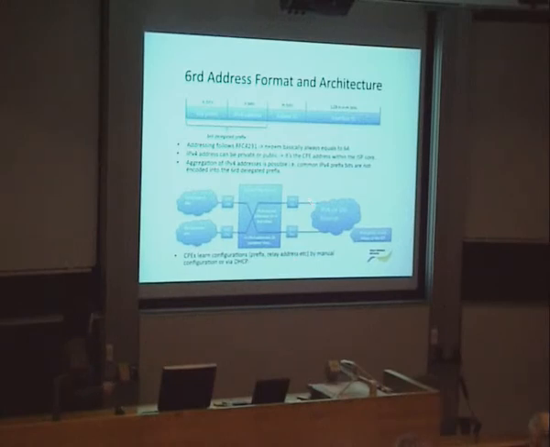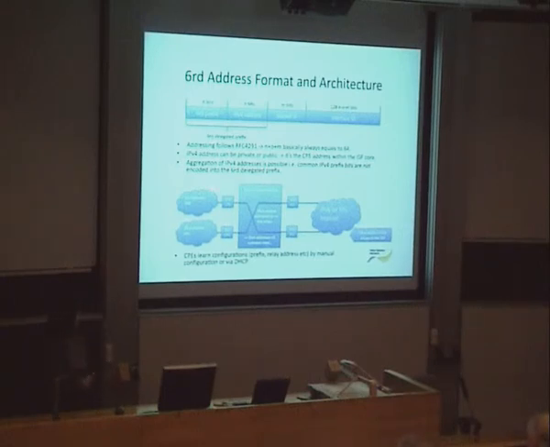You just have your 6RD capable relays at the edge of your core network and 6RD capable CPE devices in your customer network. And it does automatic tunneling over your core network.